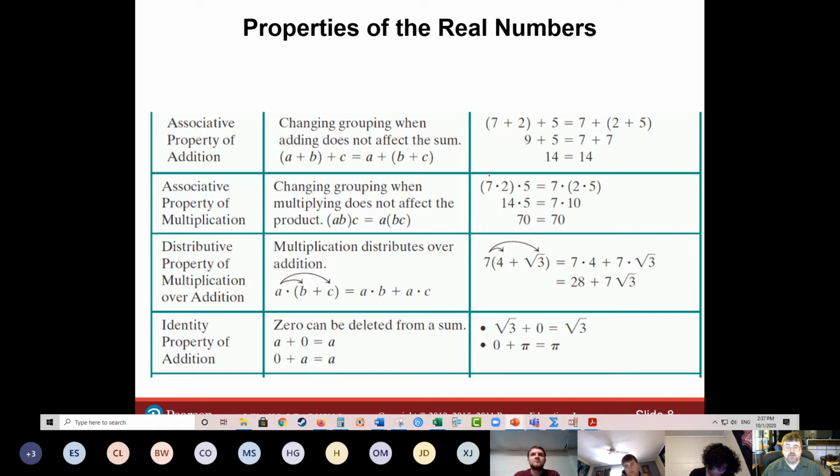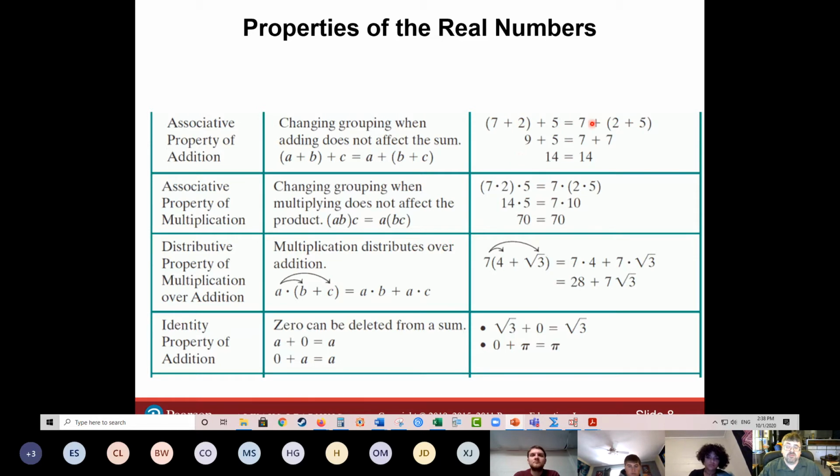We change the order of grouping symbols like parentheses. And so you see that in the example on the right-hand side. In parentheses, 7 plus 2 plus 5 is the same as 7 plus, in parentheses, 2 plus 5. We can move parentheses and it doesn't change the answer.